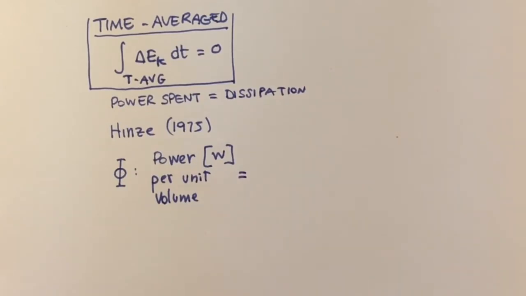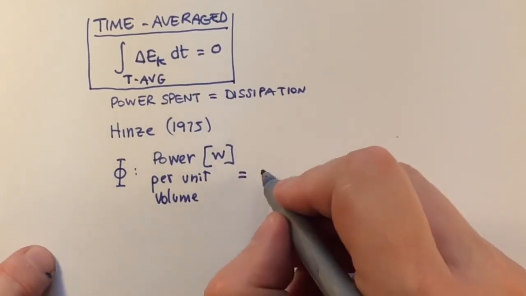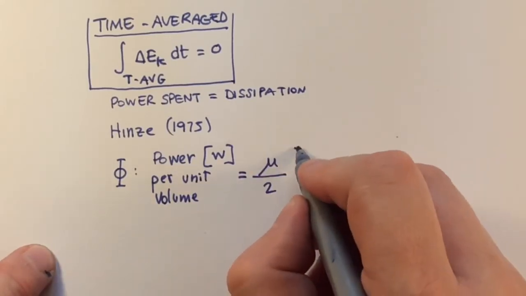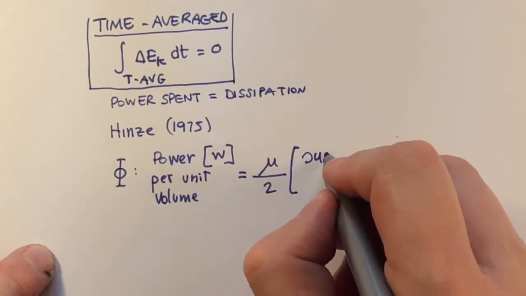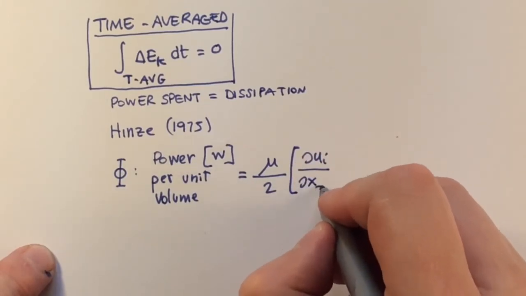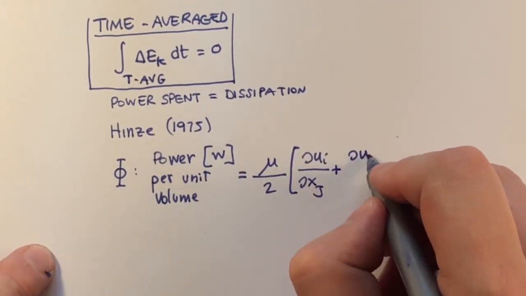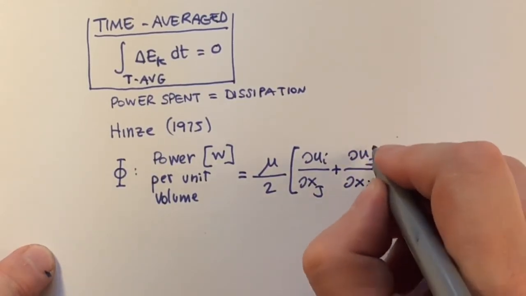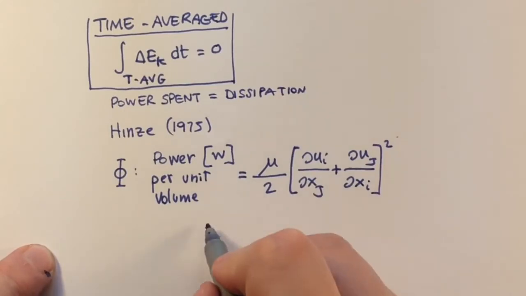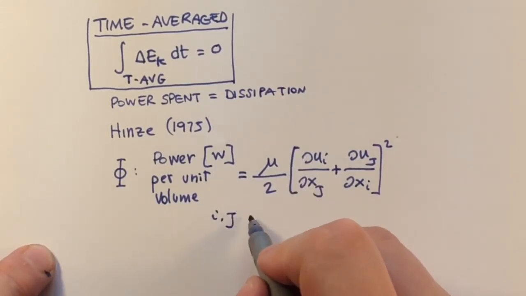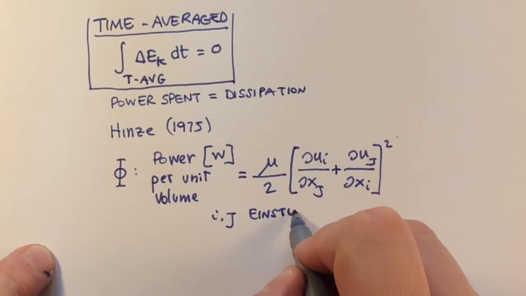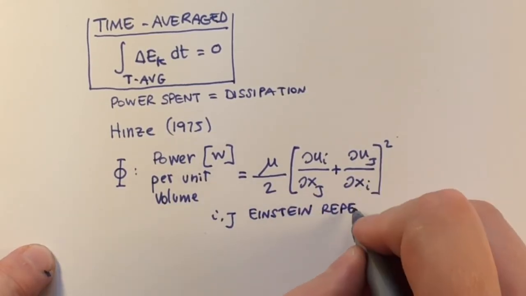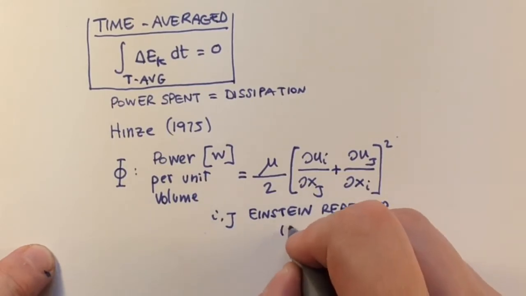So for a fluid, that's equal to mu, that's the dynamic viscosity, divided by 2 times partial u_i partial x_j plus partial u_j partial x_i, squared, where ij follow the Einstein repeated index notation.